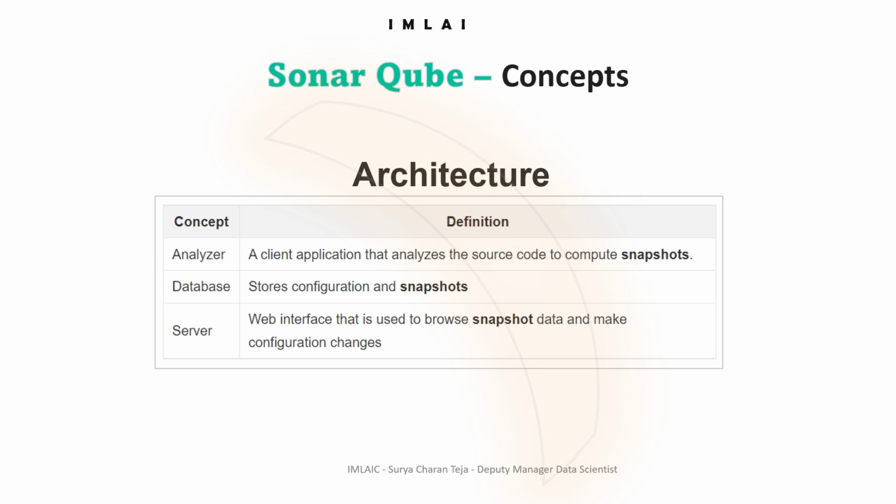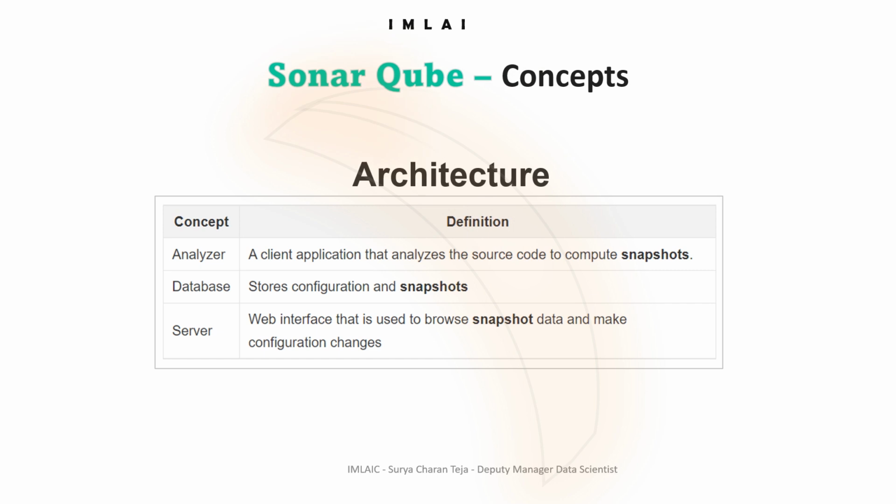Obviously the database. So we'll have a database, and inside the database we're going to store the configurations and snapshots. So that's what the SonarQube architecture is. Pretty simple. It's like a normal dynamic web application. So a database, a server, and an analyzer.